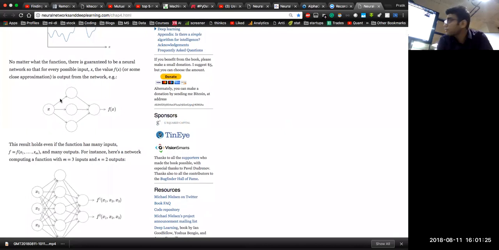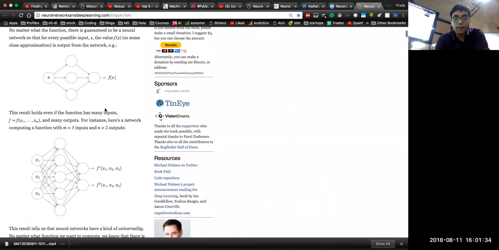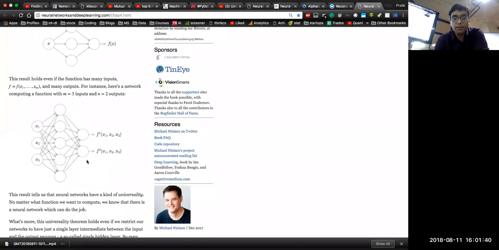When we have this very simple neural network with just an input, one hidden layer, and an output, the function that is finally created is f of x, allowing us to output the y. If we have multiple outputs, then these functions are going to be different functions of x1, x2, x3.